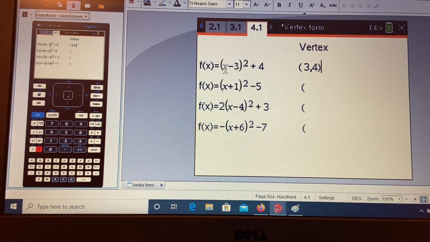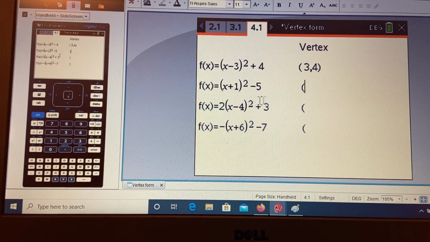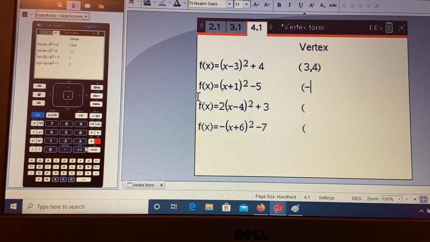And that is our vertex of that graph. Let's look at this one. The opposite of this is -1. And our y value is -5.